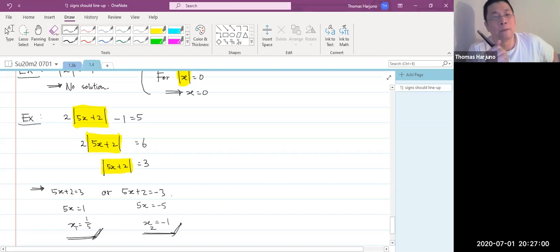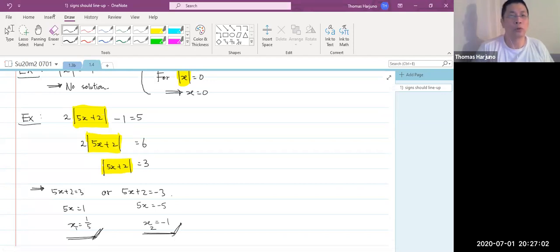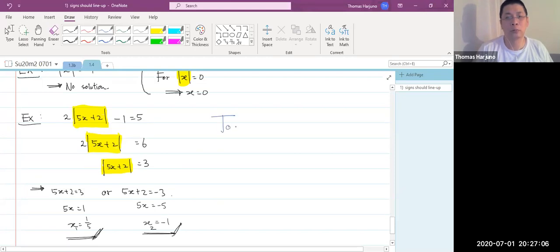Now to prepare you for tomorrow, I will teach you how to solve questions that have a variable on the other side. Let's say absolute value of x plus 5 equals 2x minus 3.